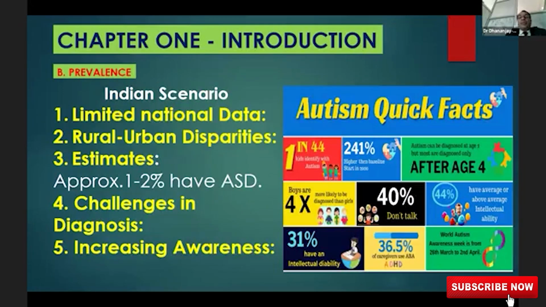Then what are the numbers which we have discussed earlier? One in every 44 children is affected by autism, and it is 241% higher than baseline data in the year 2000.